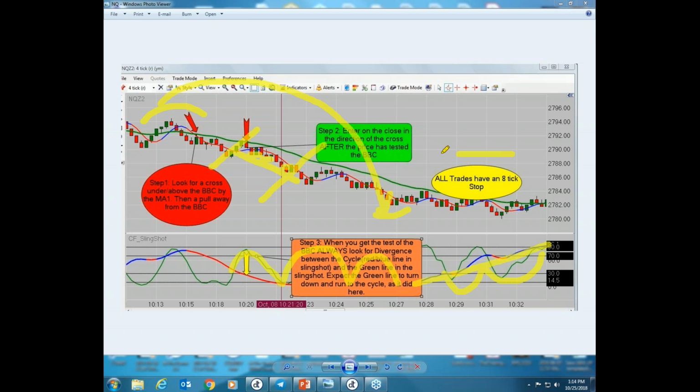Okay? And every trade begins with an 8-tick stop. All right? So if you're trading crude or the gold, if you're dead wrong, you're risking $80 a trade per contract. If you're trading the beans or the S&P, that's closer to $100. If you're trading the mini Dow, that's $40.